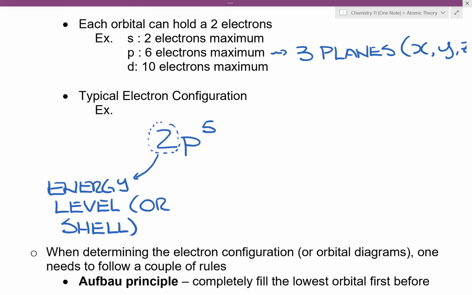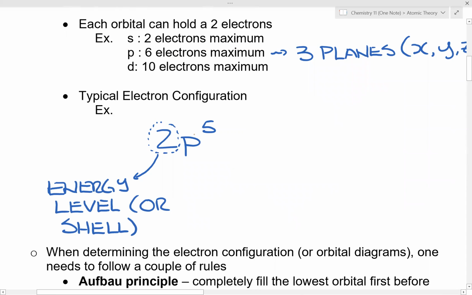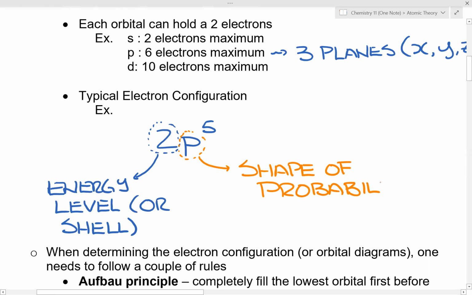Okay, but now what does the p stand for? It is the shape of the probability. And the 5 up here is the number of electrons in that shape.